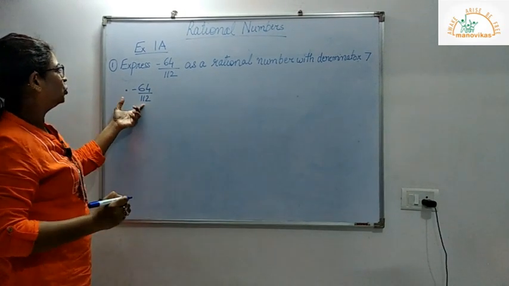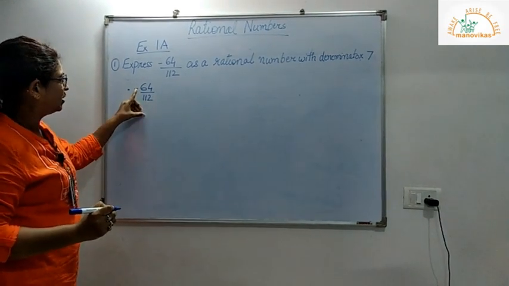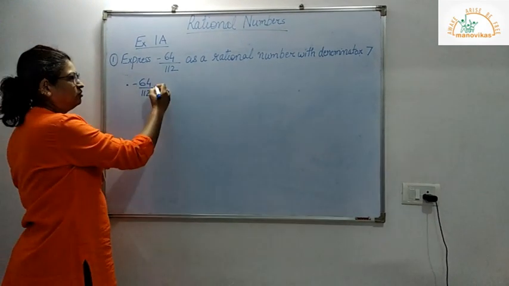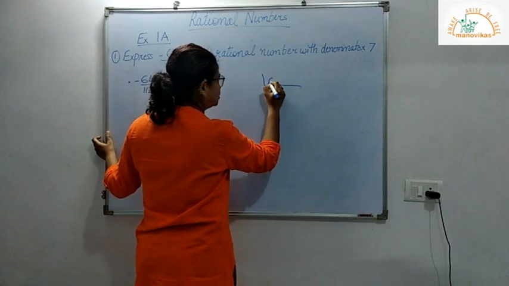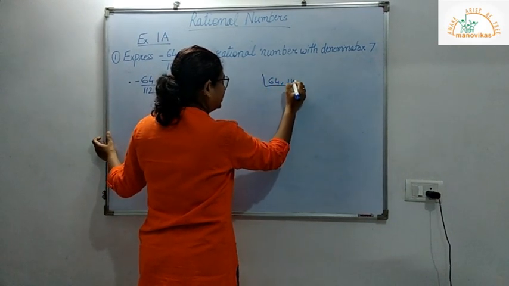First, we find the GCD, the greatest common divisor, for both the given numbers, that is 64 and 112.